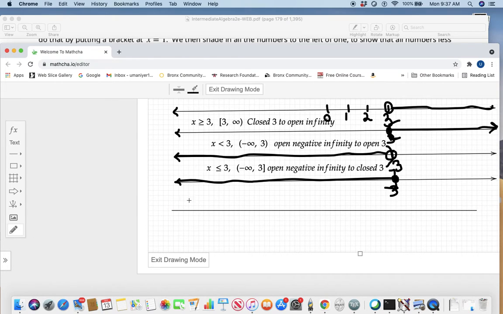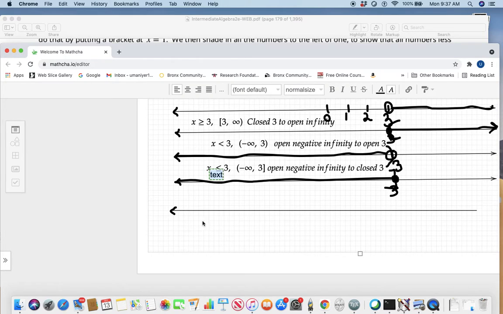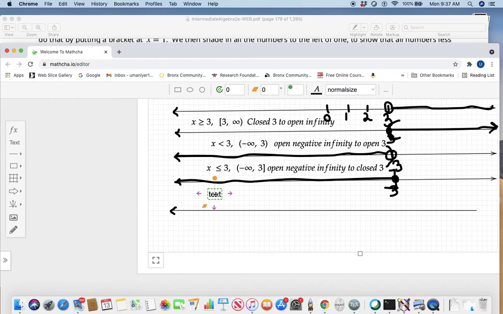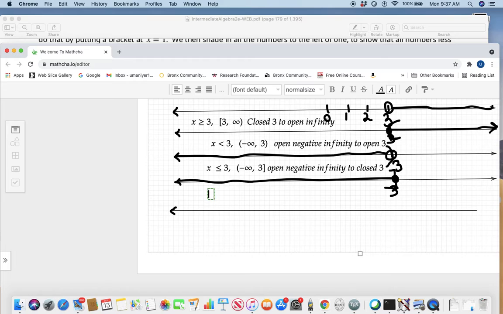If you don't have infinite values, for example, you're starting at 2 less than x less than 3. What does this mean? This is less than, so parenthesis 2. This is less than 3, so parenthesis 3. So open 2 to open 3.